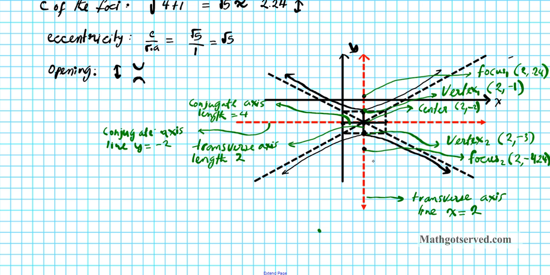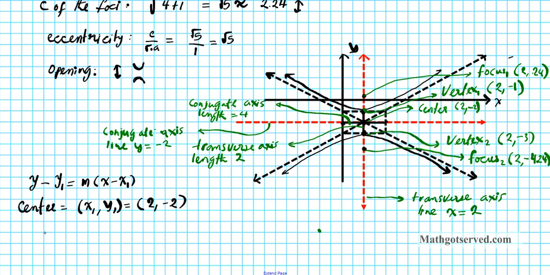Now let's go ahead and write down the equation of our asymptotes. For that, we're going to be using the point slope form of the equation of a line, y minus y1 equals m times x minus x1. All right, what you want to note here is that our x1, y1 is the center. So our x1, y1 is 2, comma, negative 2.